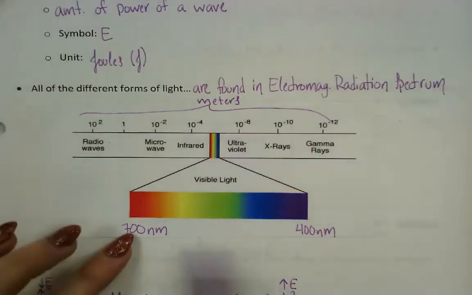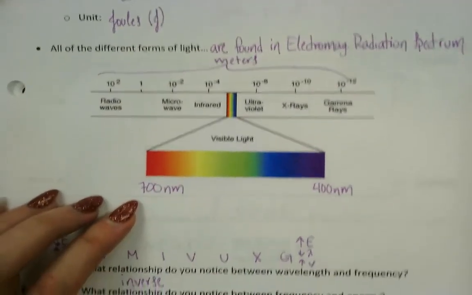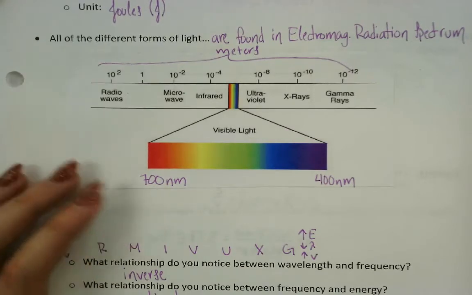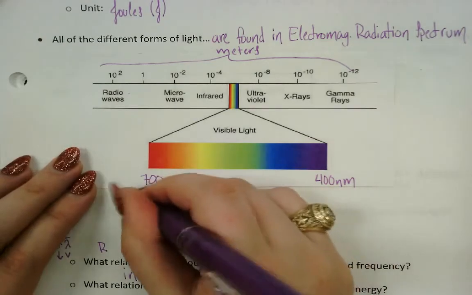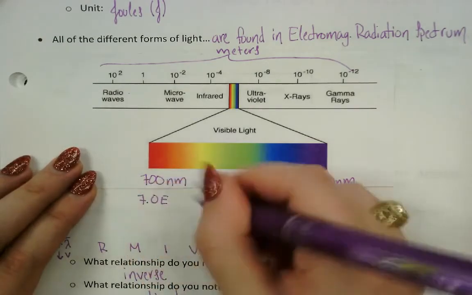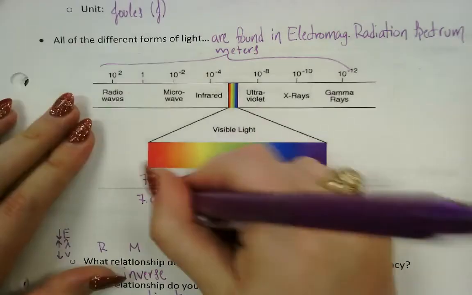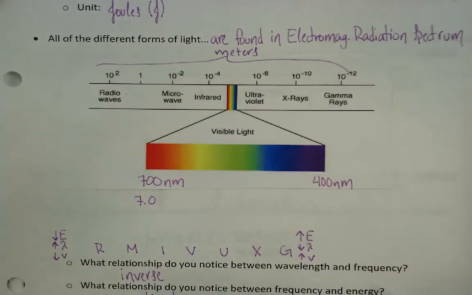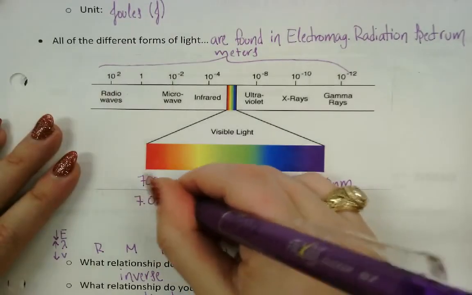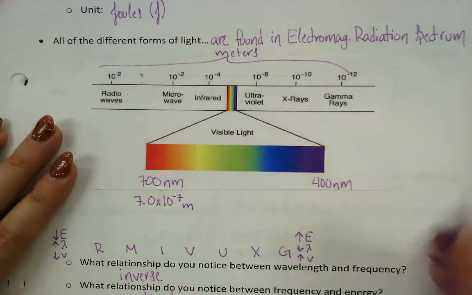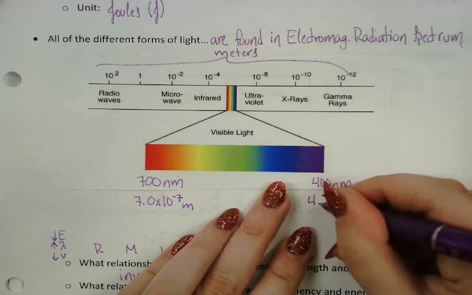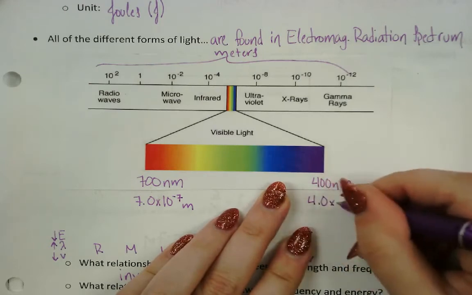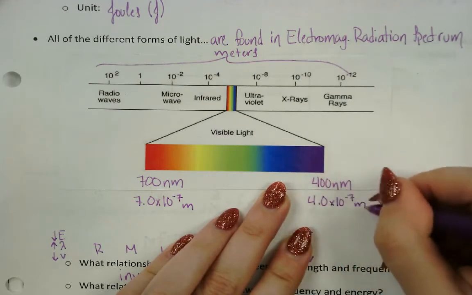So how do we reconcile nanometers and meters? Well, we convert, right? So 700 nanometers is the same thing as 7 times 10 to the negative 7 meters, okay? 400 nanometers is 4 times 10 to the negative 7 meters.